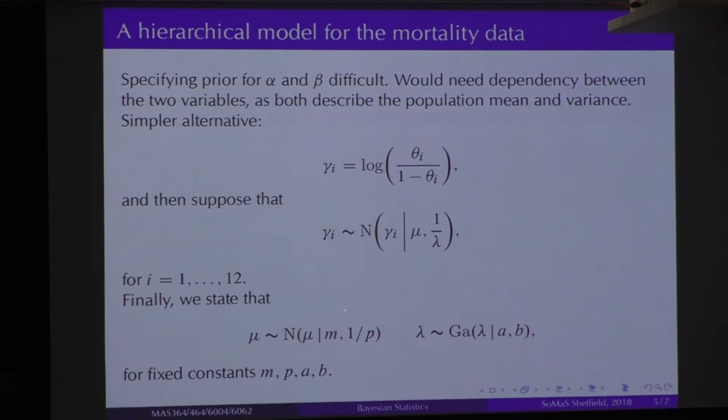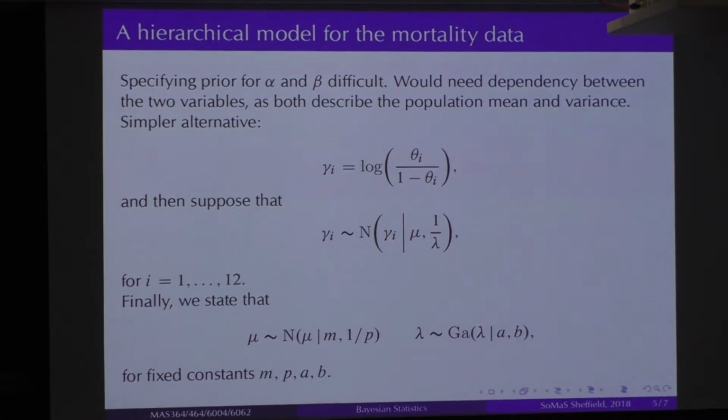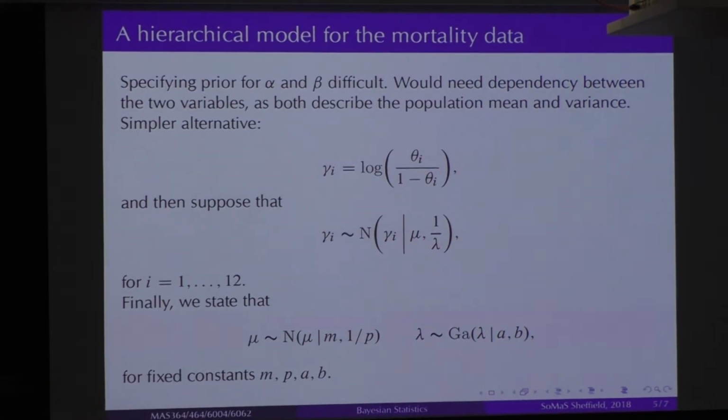Now I need to fix values for M, P, A, and B, right? So mu is the mean of the log odds ratio, right? If the theta i's were centered at 1/2, then these would be centered at 0, right? So I'm saying I don't have any clue about the mortality rates, and I can make the precision or the distribution of the precision to be very wide, okay?